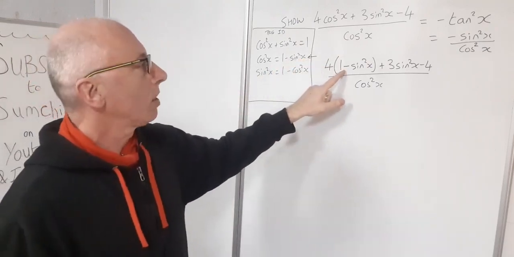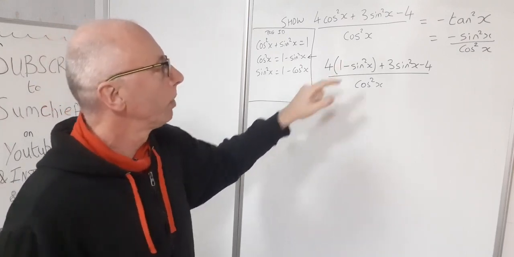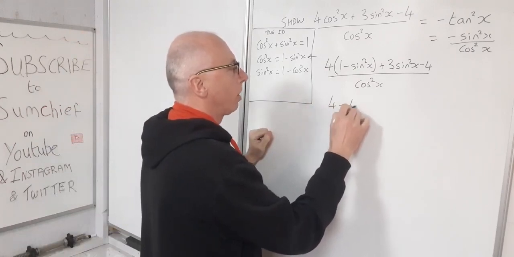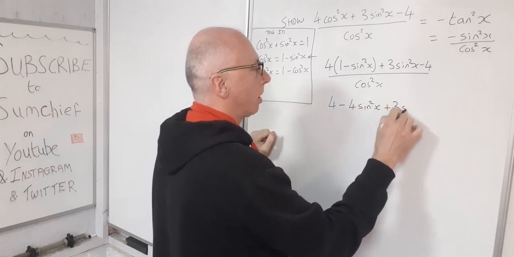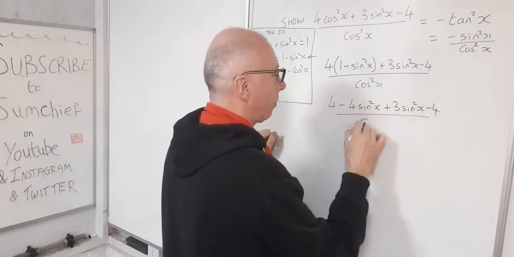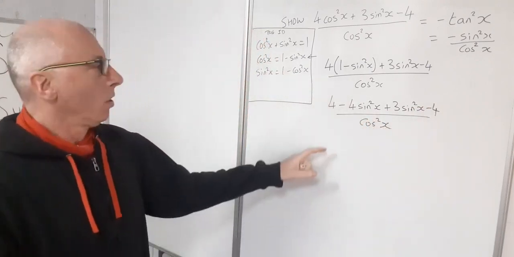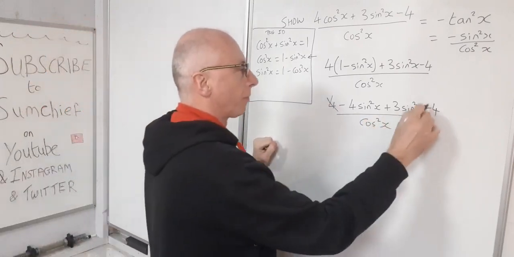Okay, now let's multiply this out. So 4 times 1 minus sine squared x will give us 4 minus 4 sine squared x plus 3 sine squared x minus 4 over cosine squared x. Okay, now 4 and minus 4, they will cancel.